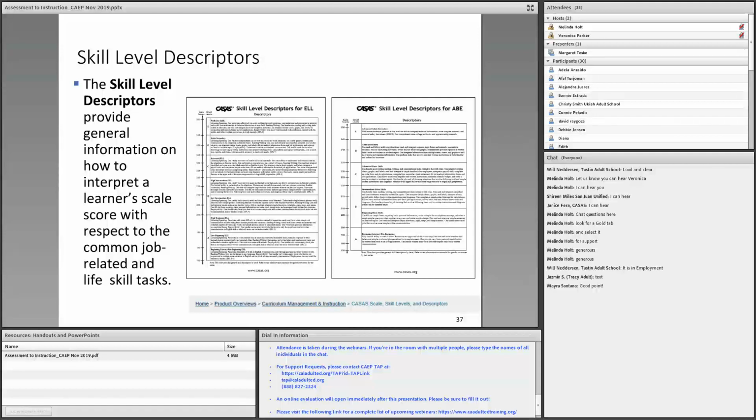This also helps provide information to teachers about what that level means. They're a little bit more difficult, not as much for ABE students, but the ESL one is very difficult for students, especially at low levels, to understand, so the teachers would have to interpret those. But it's not bad to put them in classrooms and to provide them to instructors. Very important to do that to help the instructors understand the levels.